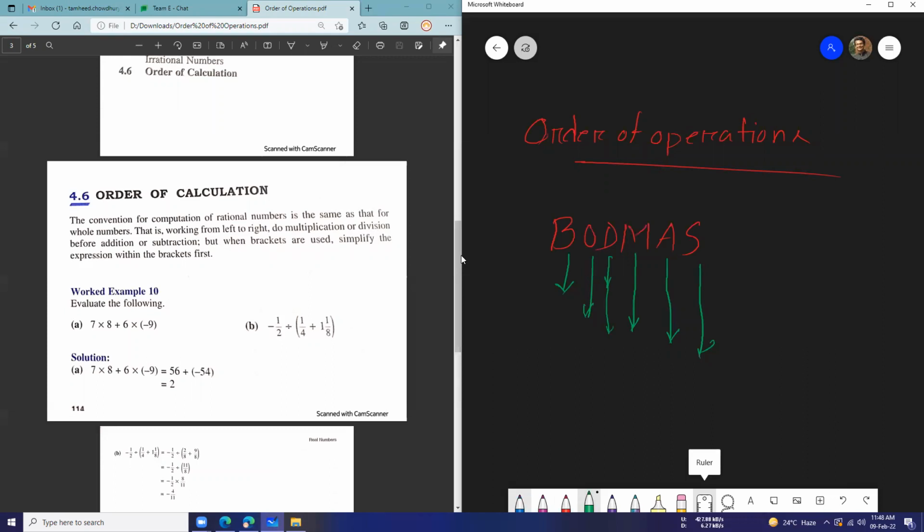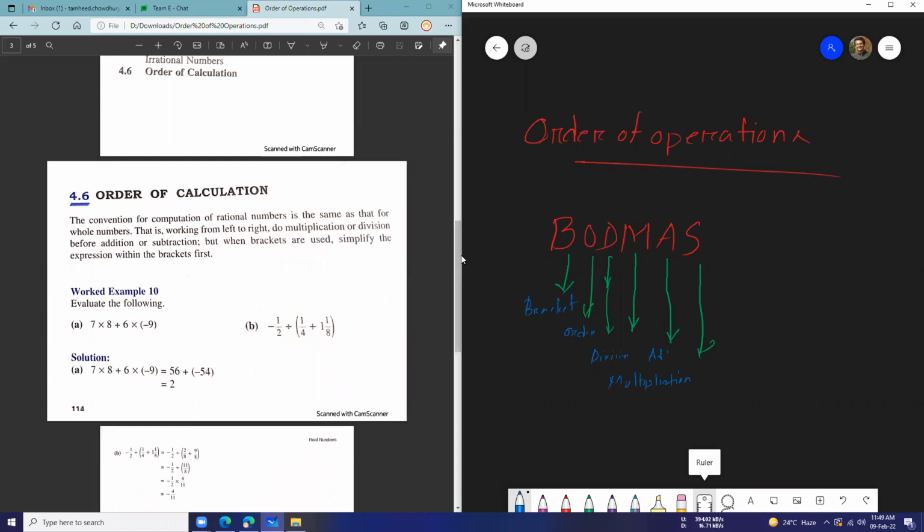Okay, never mind. B is bracket. O is order. D is division. Try to put them in the copy, but if you are slow and didn't put them in the copy, watch them in the video. Okay, pause it and watch it.